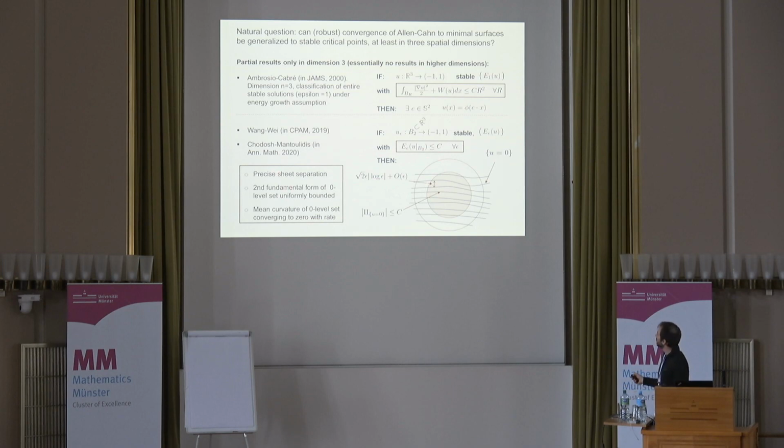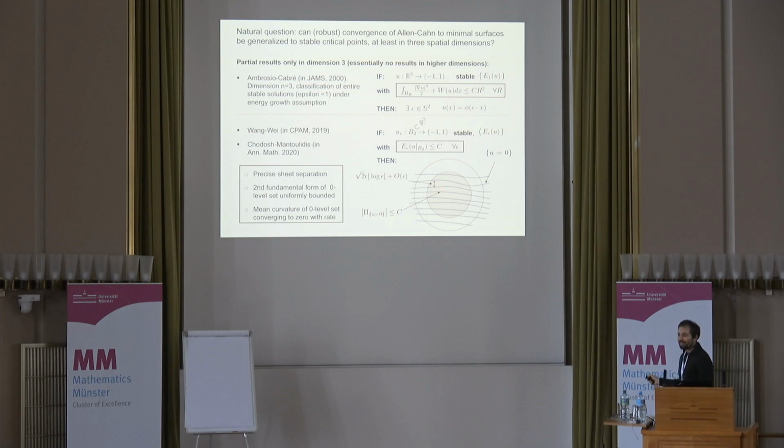What they prove, you can really construct solutions that do that, which is very interesting because you will see why the problem is hard here when you switch to stable. They show that for the zero-level sets, there could be many, and they satisfy some curvature estimate. Also, the mean curvature will converge to 0, so the zero-level sets will be almost minimal surfaces.